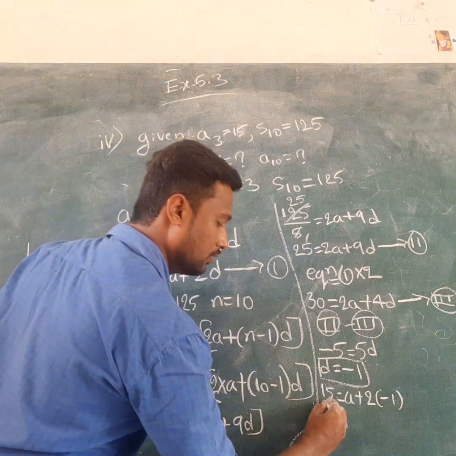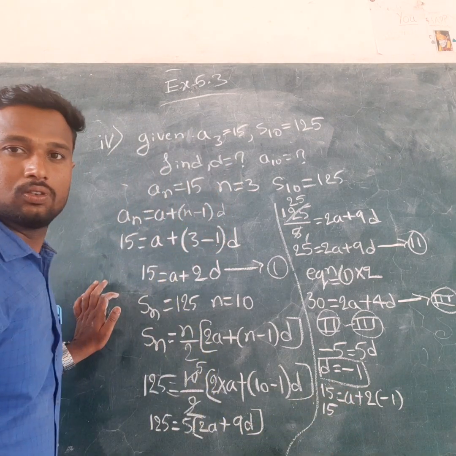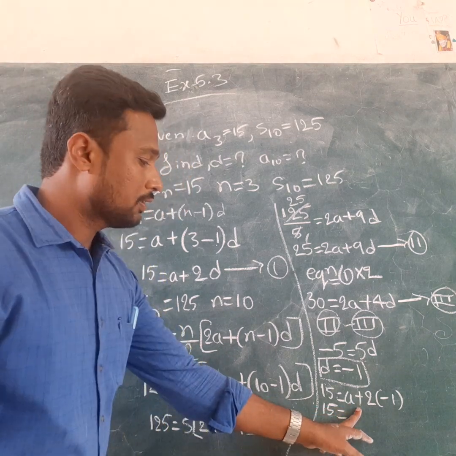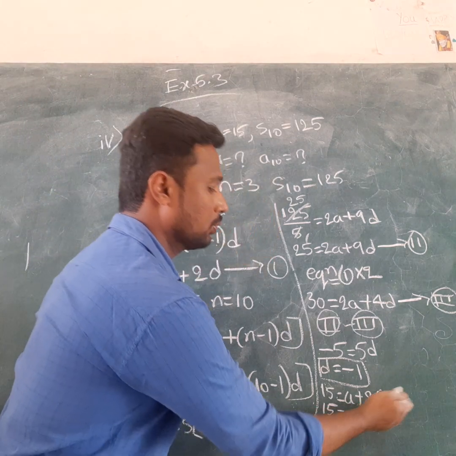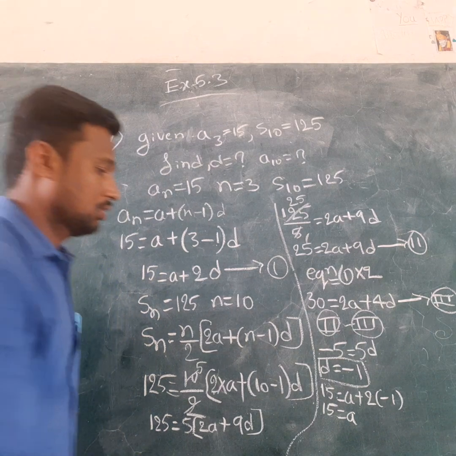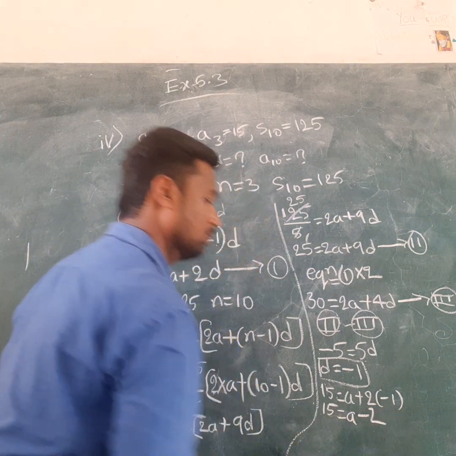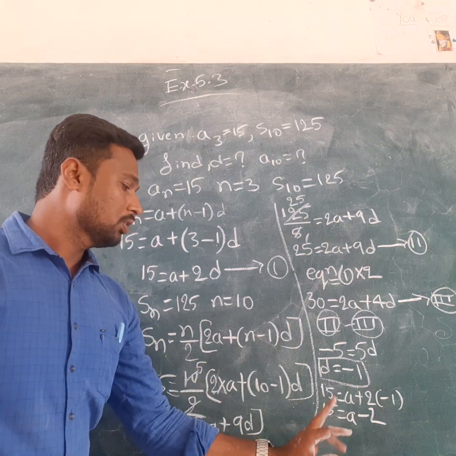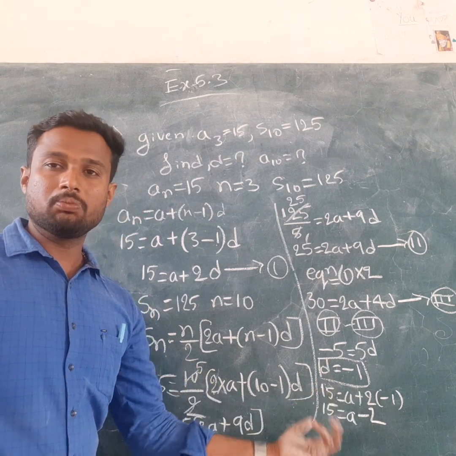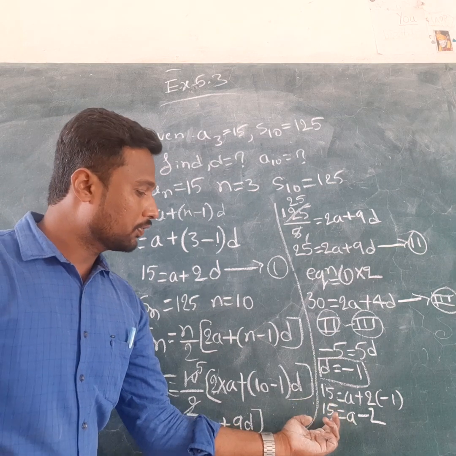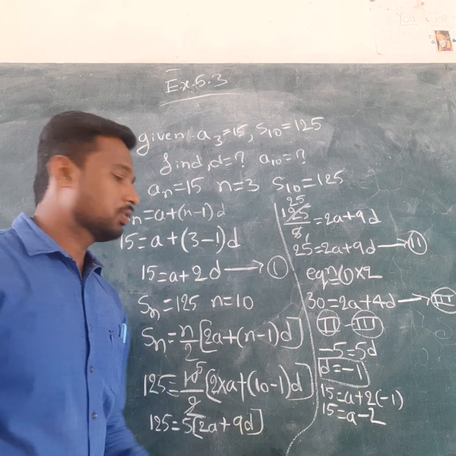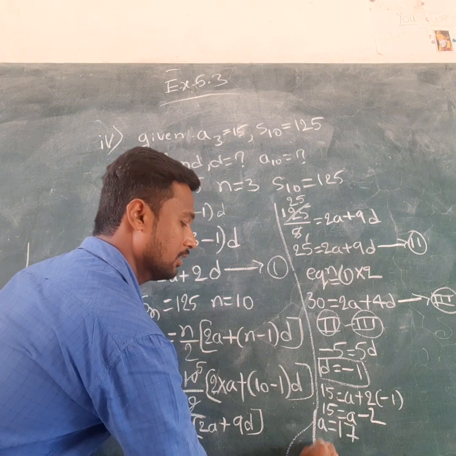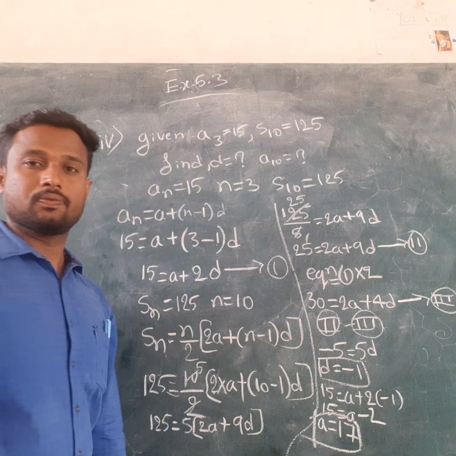So 15 is equal to a, 2 into minus 1 means minus 2. So now I will send this minus 2 to the left hand side. Now it will become a positive integer. So 15 plus 2, what is the answer? 17. Therefore the a value is 17.